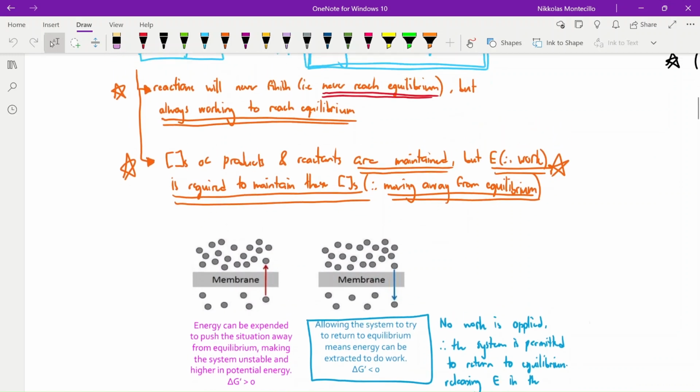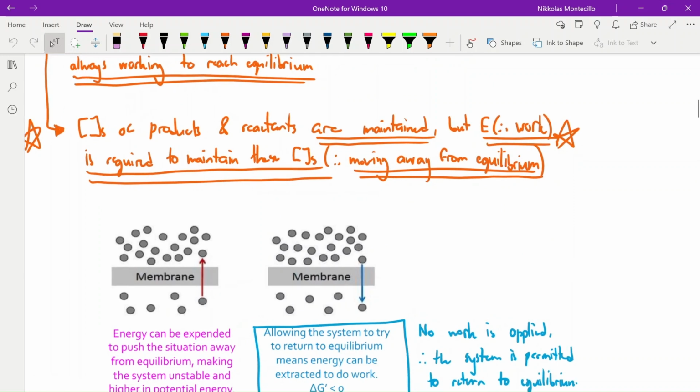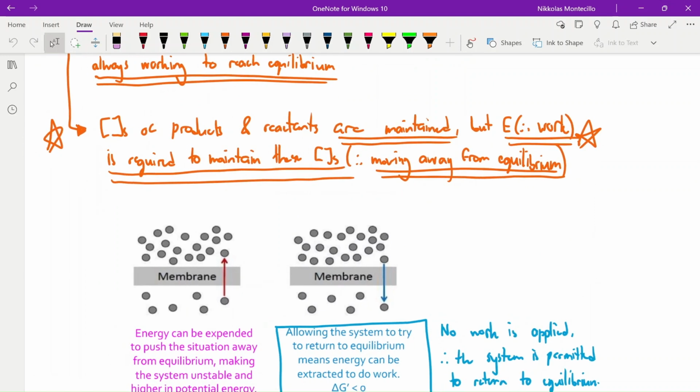So we see here that energy can be expended to push the situation away from equilibrium, making the system unstable and higher in potential energy. Hence, delta G, or Gibbs free energy, being greater than 0. Allowing the system to try to return to equilibrium means energy can be extracted to do work. Delta G, or the change in Gibbs free energy, is less than 0.